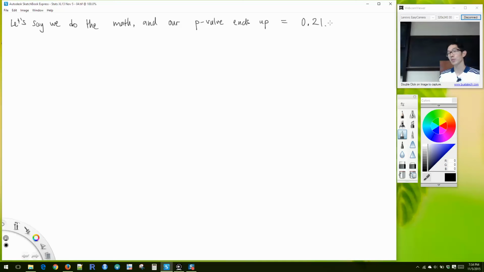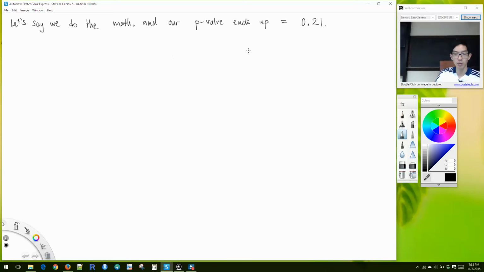Yeah, so what this says is that just from the process of random sampling, a random sample could end up having a sample mean of 103 or less, or 137 or more, about 21% of the time, just from random chance. Okay?